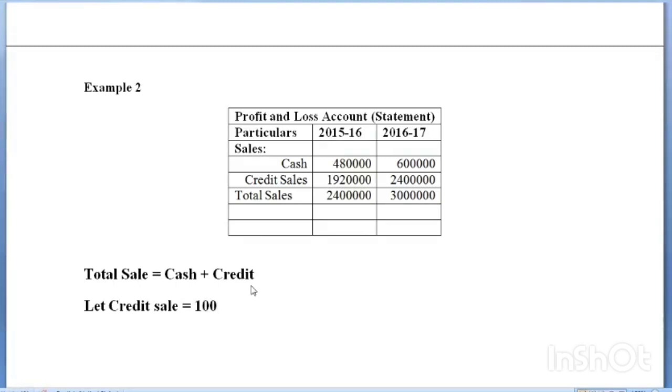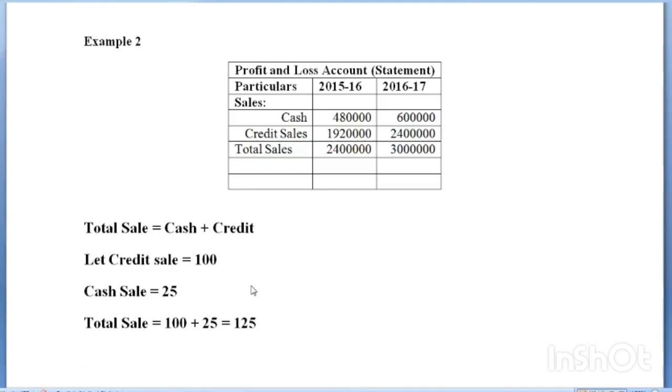If credit sale is equal to 100, then cash sale is equal to 25. So total sale is 100 plus 25, which is 125. So if 125 is your total sale, then 25 is cash and 100 is credit. Clear? Now put the proportion.